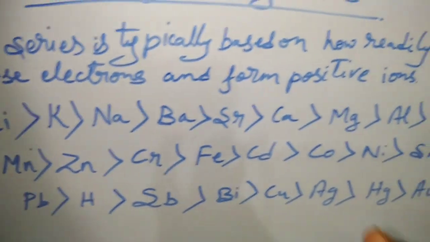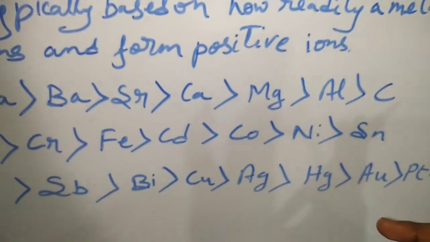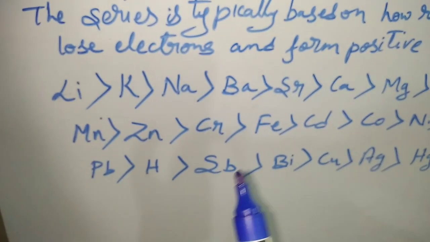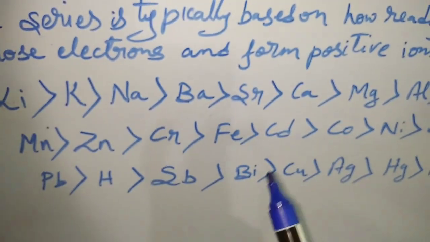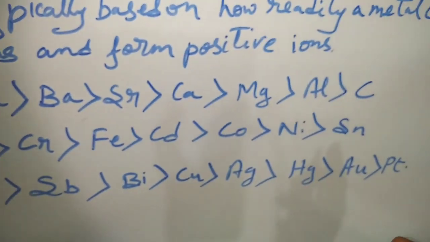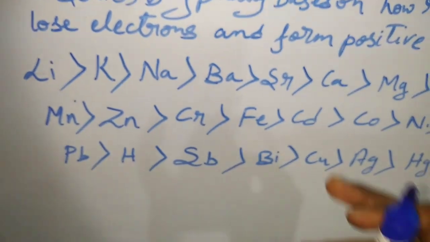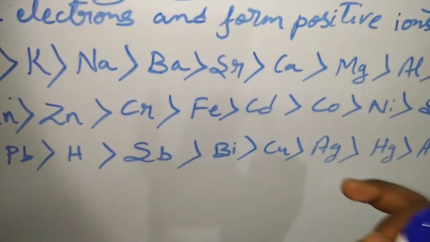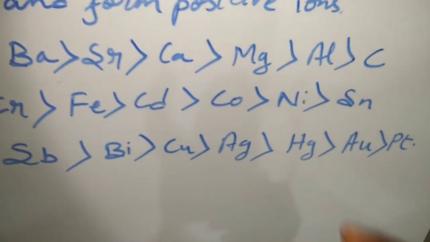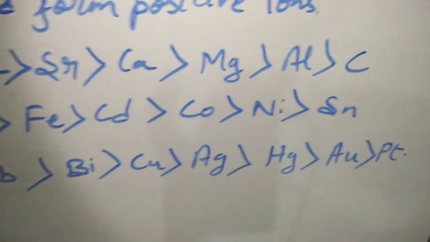Then barium, strontium, calcium, magnesium, aluminium, carbon, manganese, zinc, chromium, iron, Fe, Cd, cadmium, Co, cobalt, nickel, Sn, tin, Pb, lead, hydrogen, antimony, Sb, bismuth, copper, silver, mercury, gold, platinum.